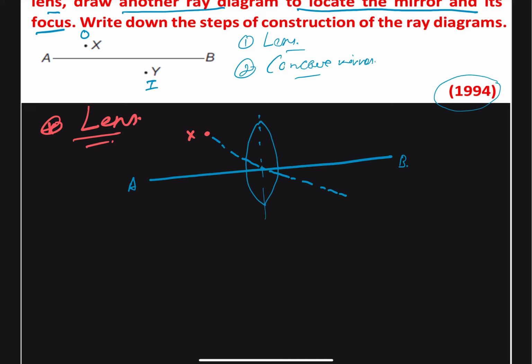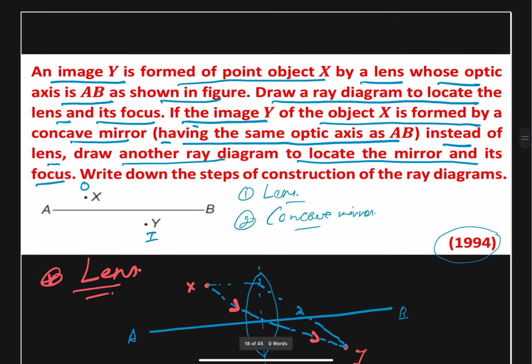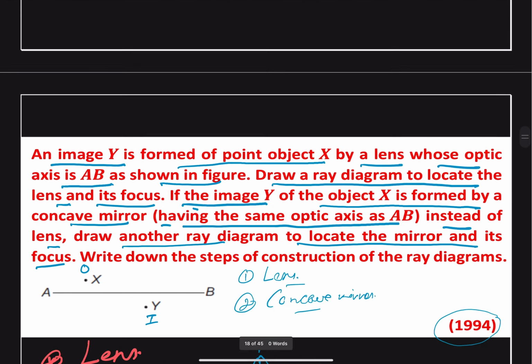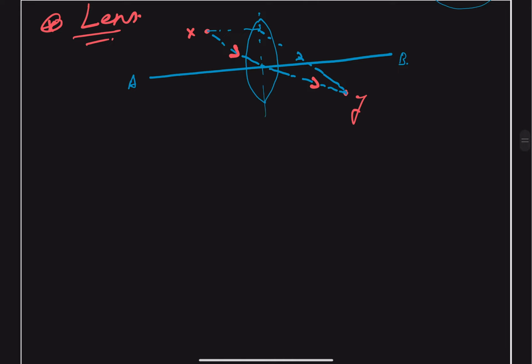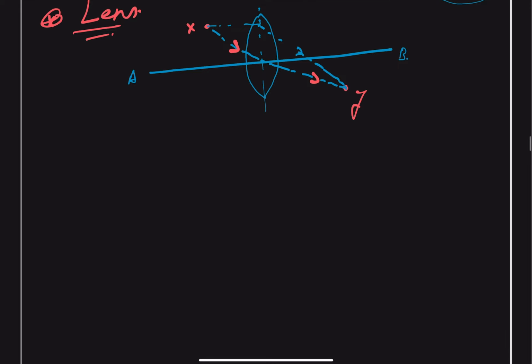This should be our point Y. And another ray of light which should be coming parallel to the principal axis will pass, and this will be the formation of the image. So this is our concave lens. And next we do the concave mirror.